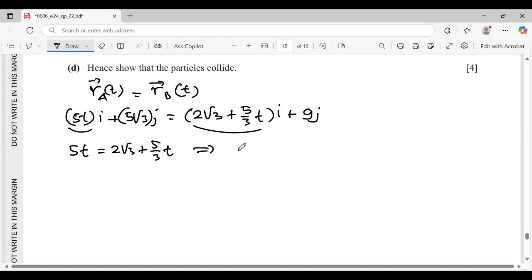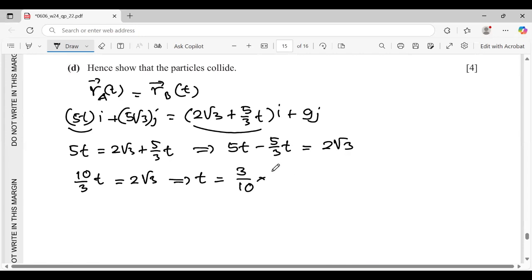So it becomes 5t minus 5/3 t equals 2 square root 3. 3 times 5 is 15, minus 5 is 10. So it is 10/3 t equals 2 square root 3. So t equals 3 over 10 times 2 square root 3.